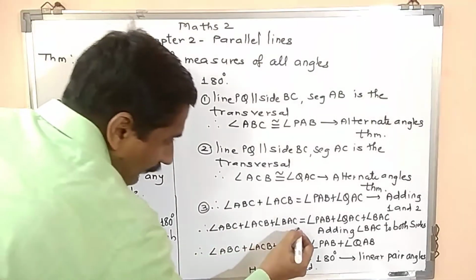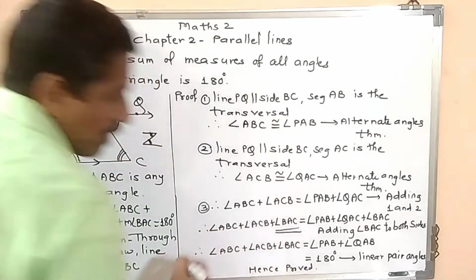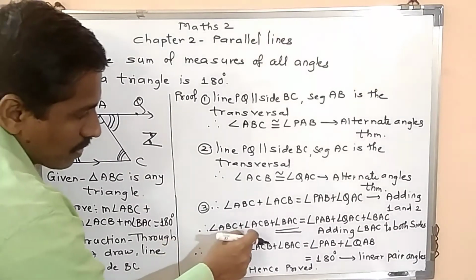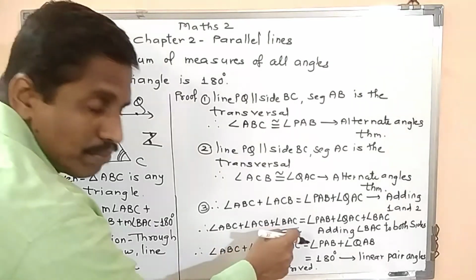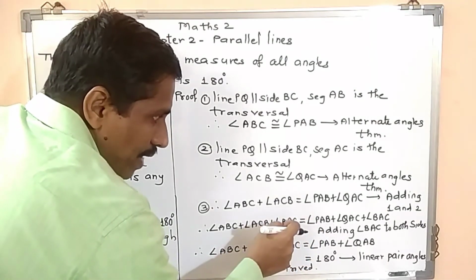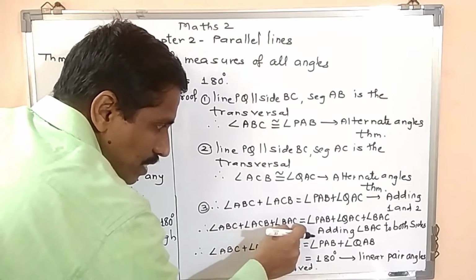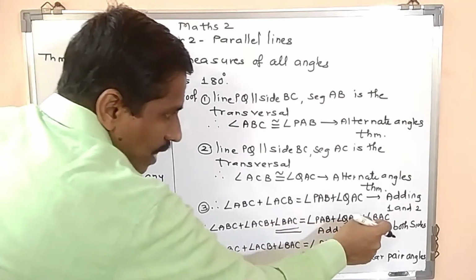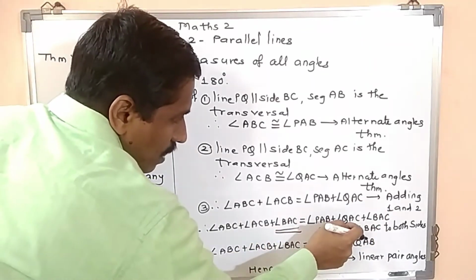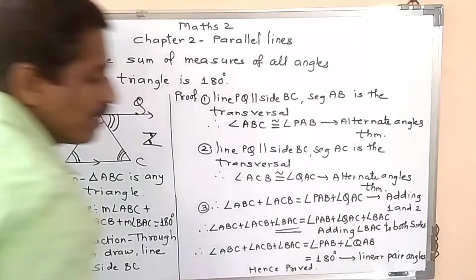Now I will add angle BAC, that is the third angle, to both the sides. So angle ABC plus angle ACB plus angle BAC is equal to angle PAB plus angle QAC plus angle BAC.